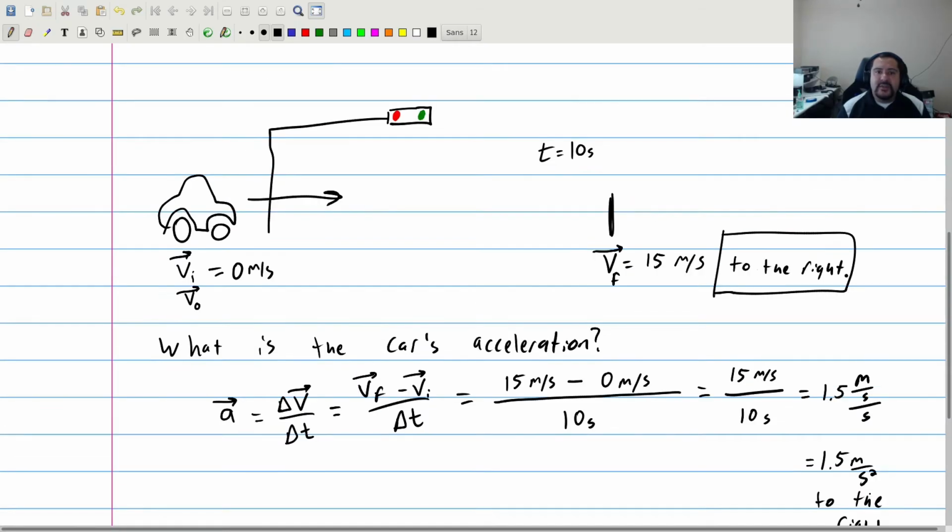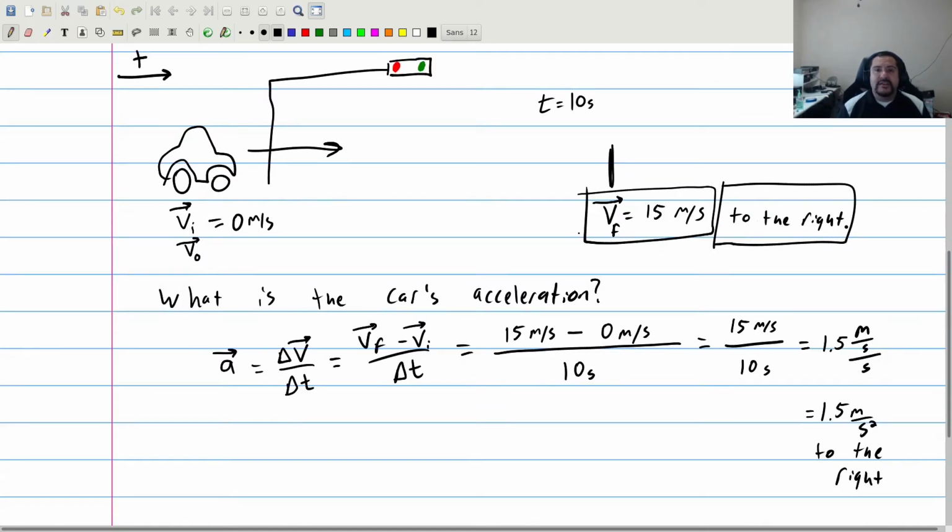We can see that because even though we didn't indicate it, we called everything to the right positive. So this 15 meters per second was in the positive direction. Our answer was also positive, which means our acceleration is also to the right. You can sort of think of the direction of acceleration as which way would you have to push this in order to make the change that's happening.